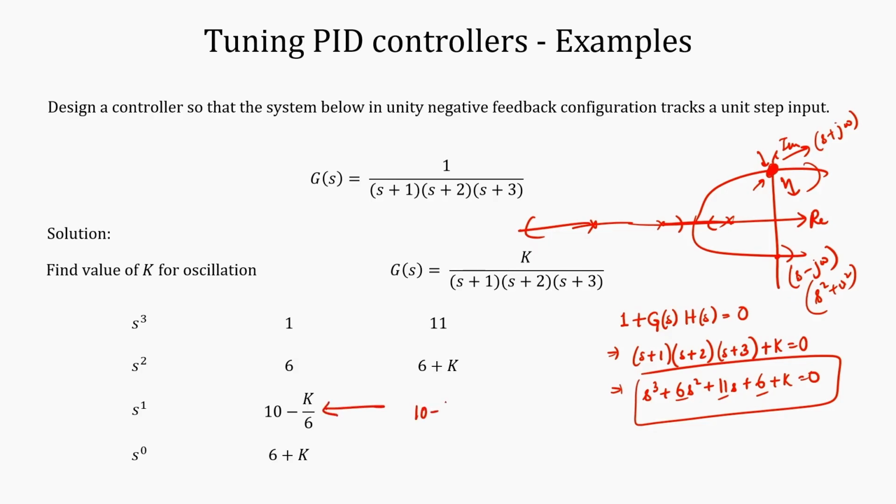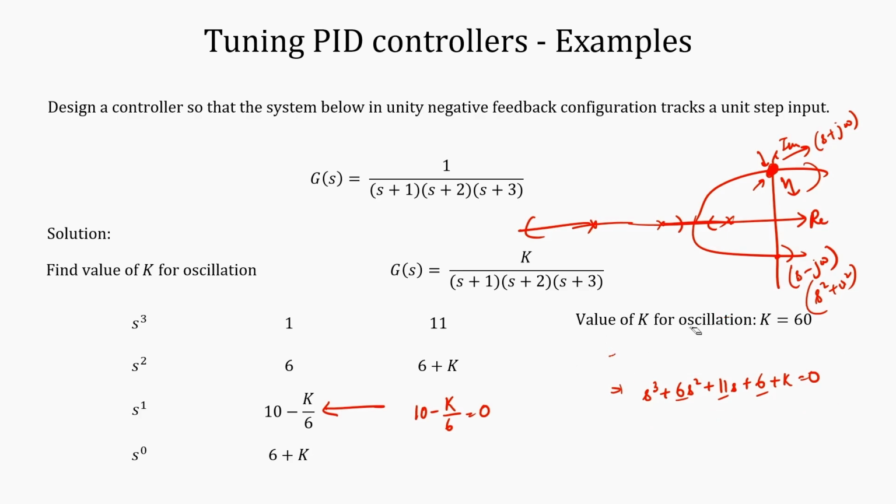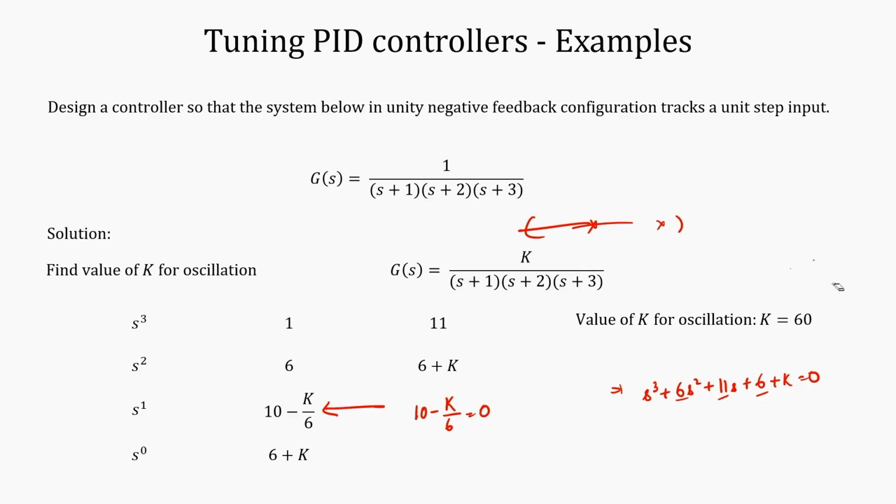If this part goes to 0, then k must be equal to 60. So, when is there an oscillation? There is an oscillation when k is equal to 60. At k equal to 60, what is the auxiliary equation?